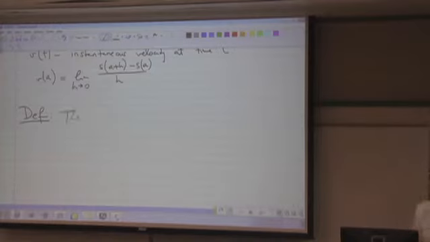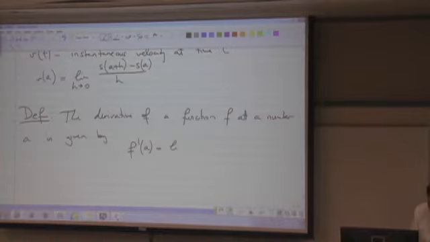The derivative of a function f at a number a is given by f prime of a is equal to the limit as h goes to 0 of f of a plus h minus f of a, divided by h.